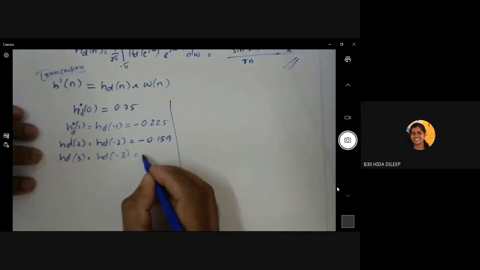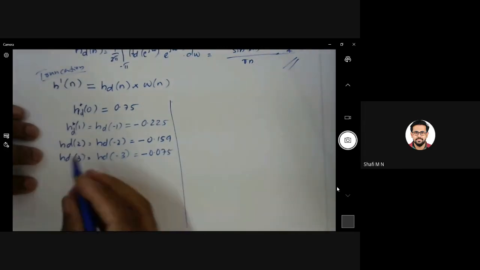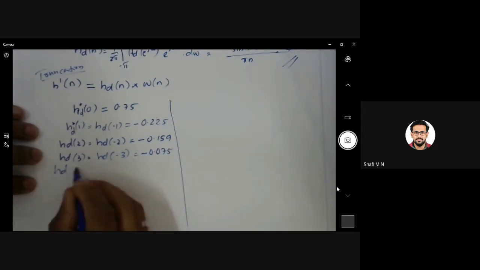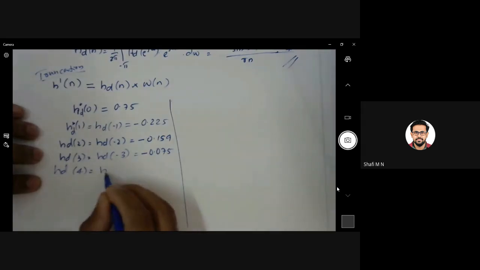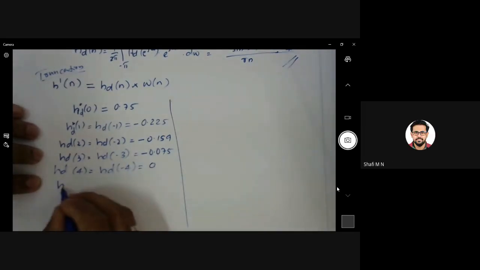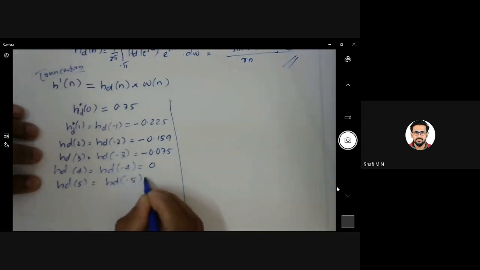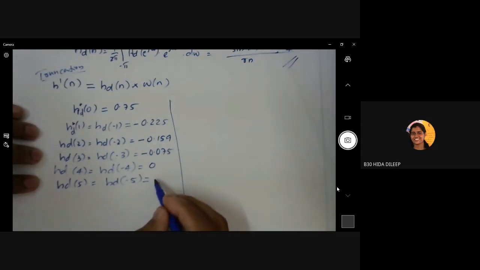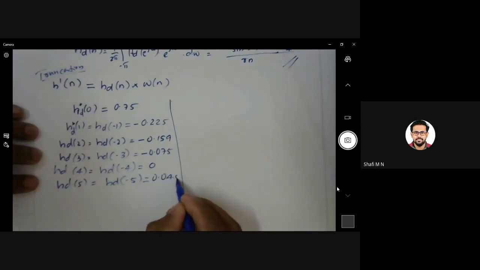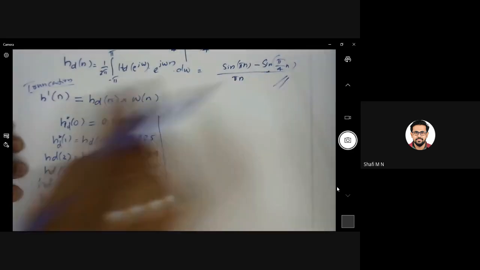Minus 0.075. Then hd of 4 is equal to hd of minus 4, that is 0. hd of 5, we did for n equal to 11. So hd of minus 5 is 0.045. Okay. So you can get these values using this equation, right?